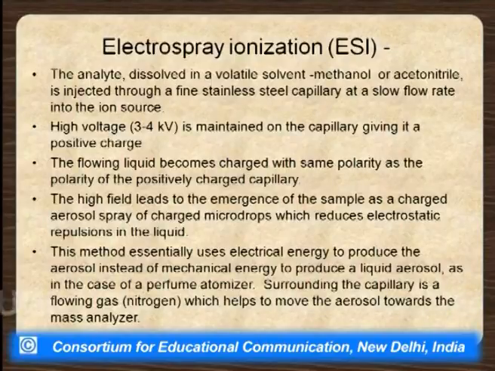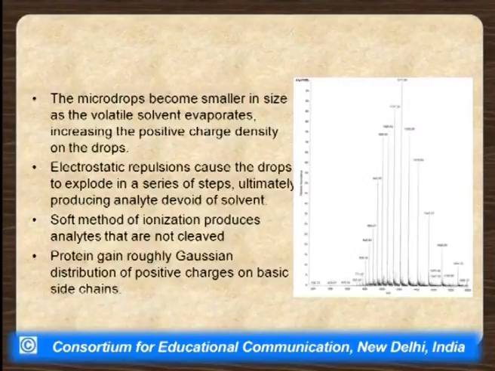While it is going towards the mass analyzer, these positively charged micro drops will become smaller and smaller due to evaporation of the solvent, and the positive charge density will increase. Repulsions will then take place, causing the droplets to explode in a series of steps, and you will ultimately have only the analyte hanging in the vacuum chamber, devoid of any solvent whatsoever.